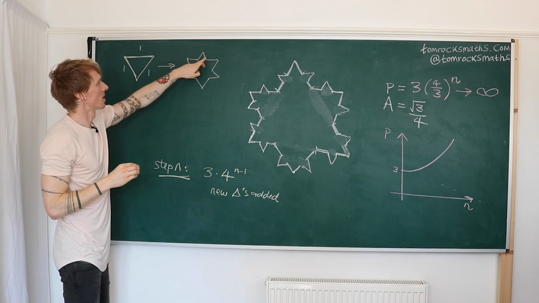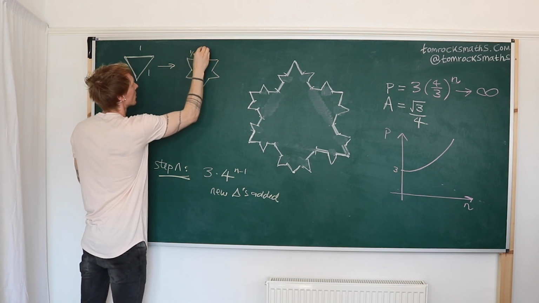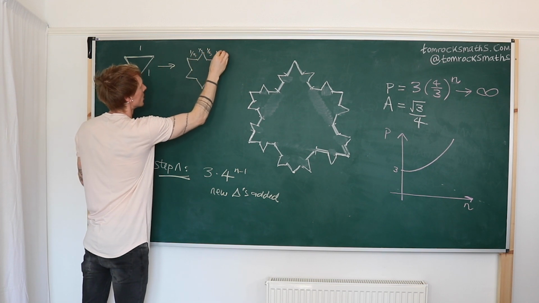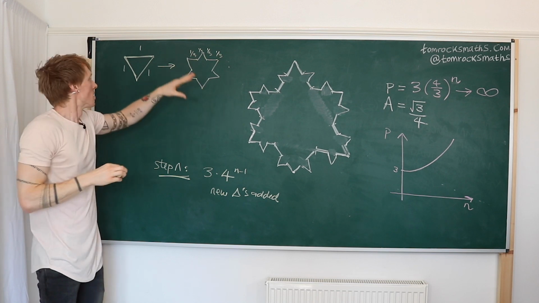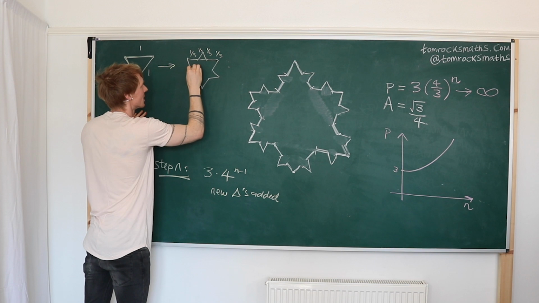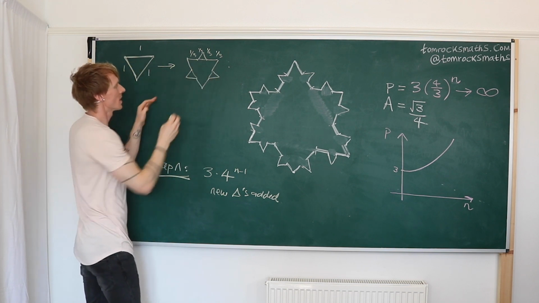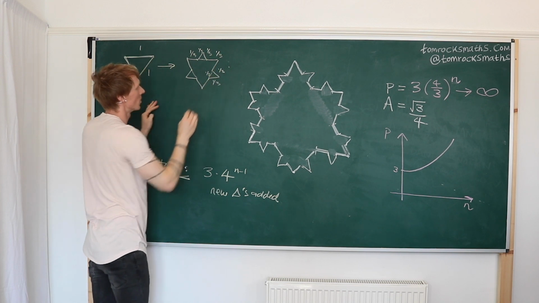So each of these are 1/3 if these are 1. So 1/3, 1/3, 1/3, 1/3, etc. So all of these are 1/3. So now the triangles that have been added, these ones, they have length 1/3, 1/3, 1/3.